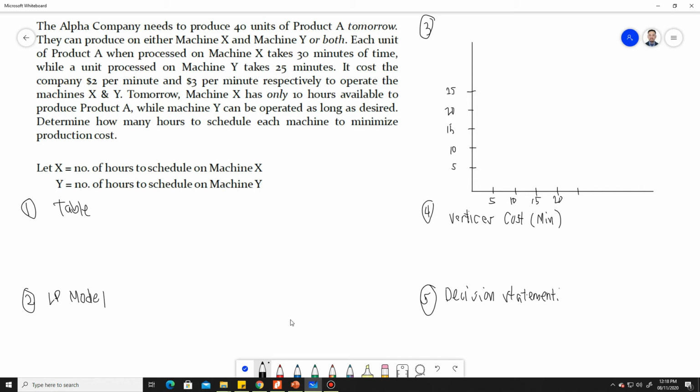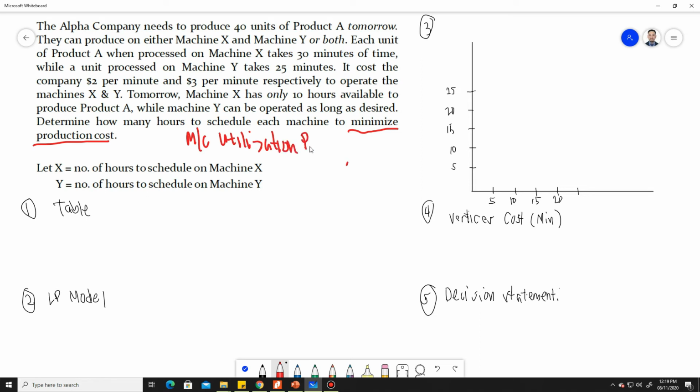Let X be the number of hours to schedule on machine X and Y as the number of hours to schedule on machine Y. Okay, so kung babasahin natin, our objective is to minimize production cost. So minimization problem tayo. And this minimization problem is a machine utilization problem.